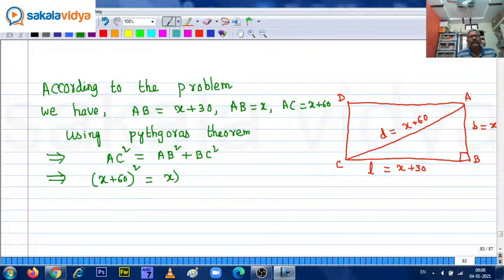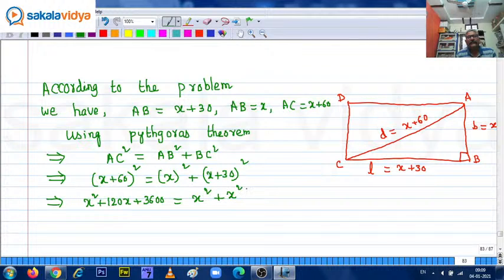AB square means x whole square, and BC square is x plus 30 whole square. Just simplify it. You will get x square plus 120x plus 3600 equal to x square plus x square plus 60x plus 30 square, which is 900.